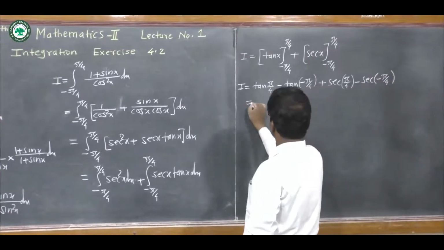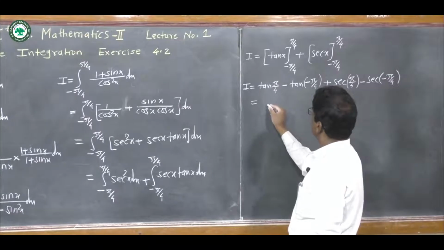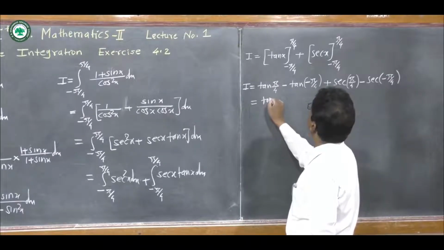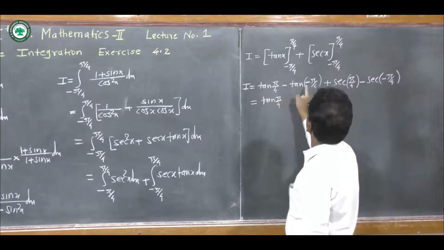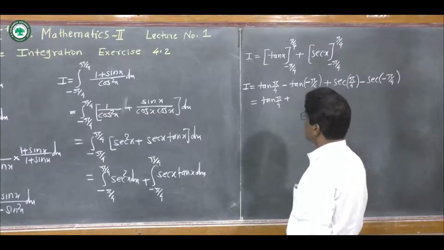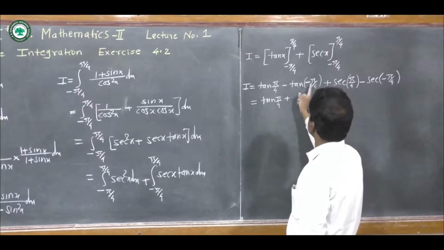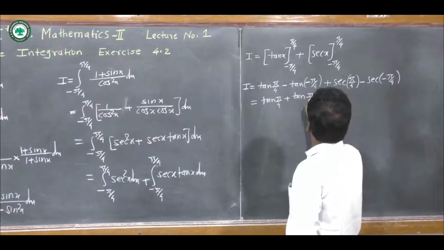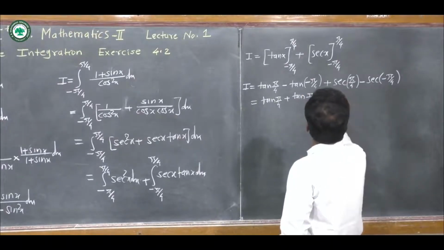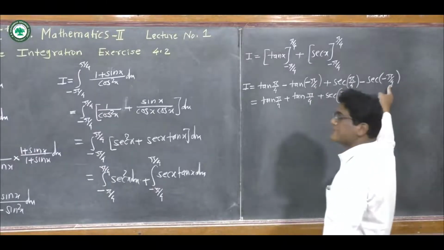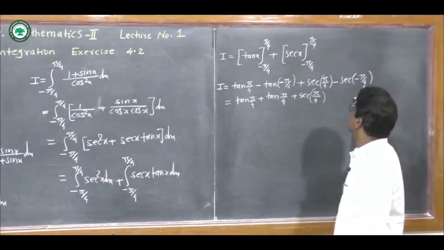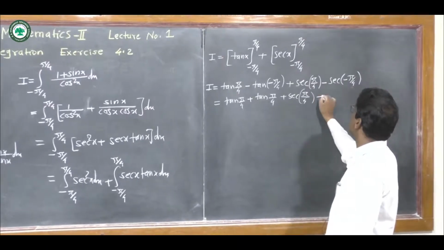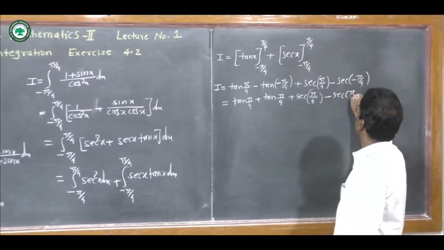So this is equal to, firstly write as it is tan of pi by 4, and this minus and minus become plus. We know that tan of minus theta is minus tan theta, so minus and minus become plus, it is tan of pi by 4. Now here plus this sec of pi by 4 as it is, and we know that sec of minus theta is sec theta, so it is minus sec of pi by 4.